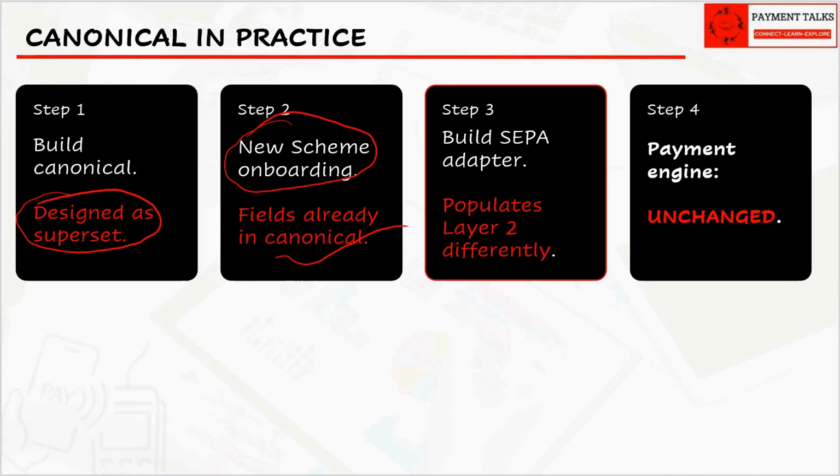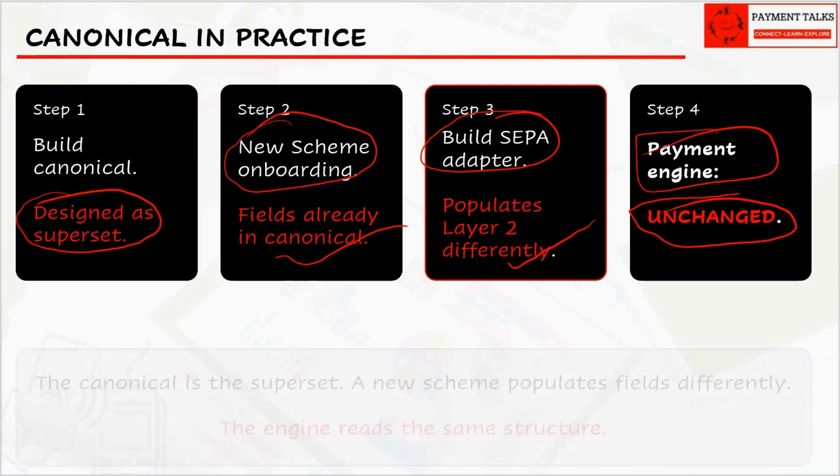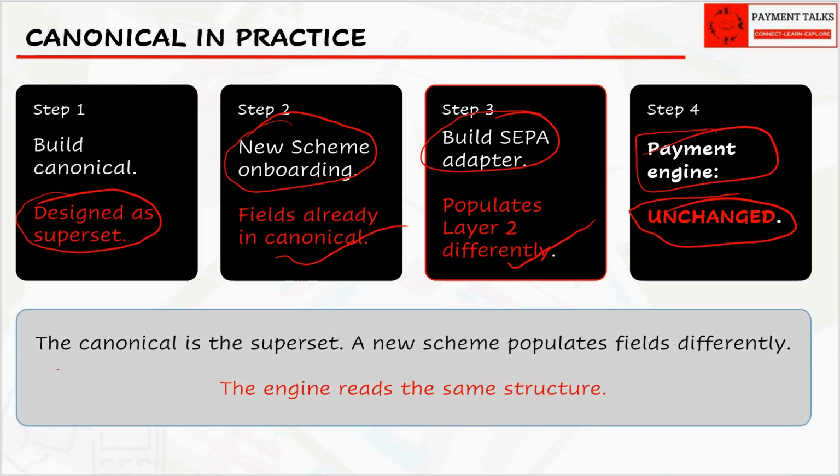The work was building a Lynx, SEPA, or any other scheme adapter, which populated those layer 2 fields differently to how the CBPR+ adapter did. The payment engine did not change, not one line in the core engine. That is a proof of the superset design principle in a live production system.